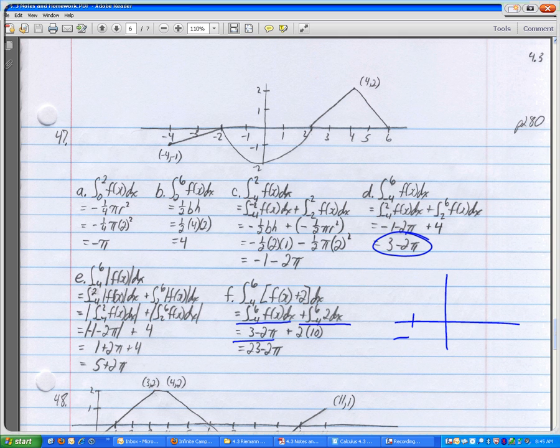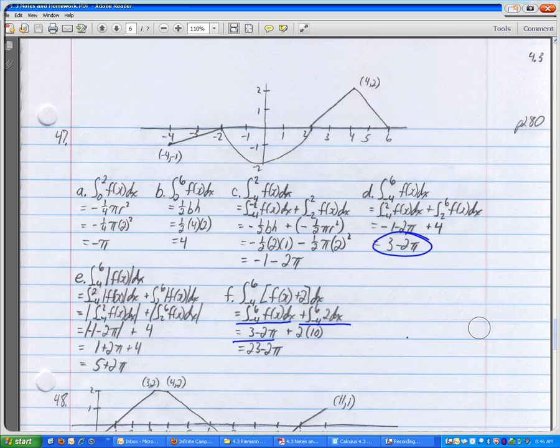I'll draw it up here, from -4 to 6, of f of x equals 2. What's the area of that? What's the base? 10. What's the height? 2. So it's 20. Now, even without doing that, look at your limits of integration.